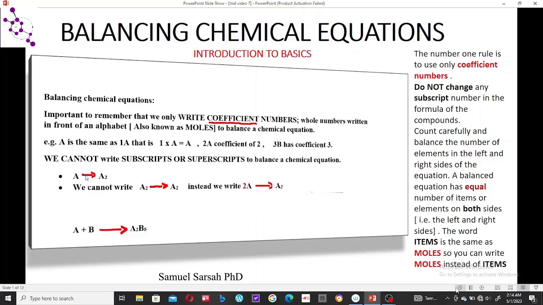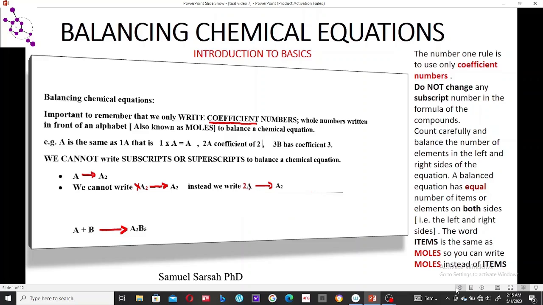A going to A2. In this case, we cannot write using a subscript, so this is wrong. Instead, a proper way to write is to use a coefficient, that's a whole number written in front of this side here.